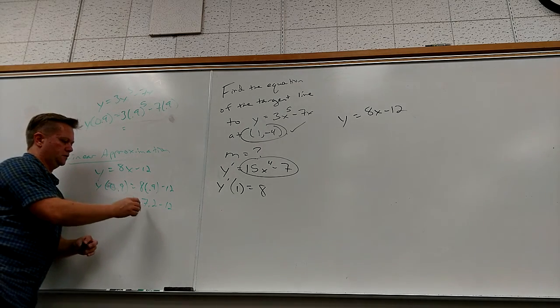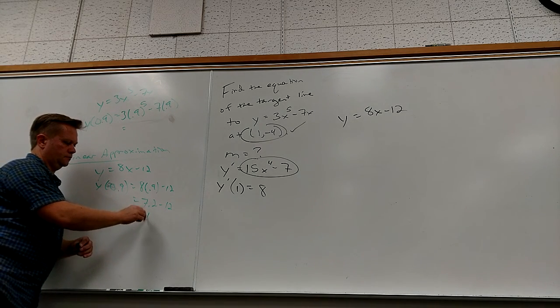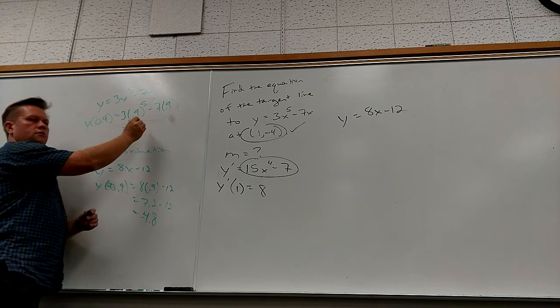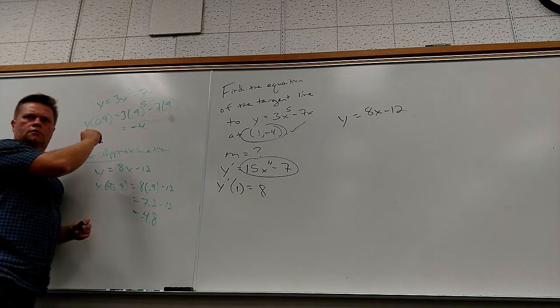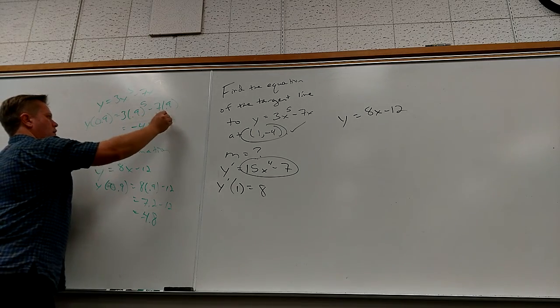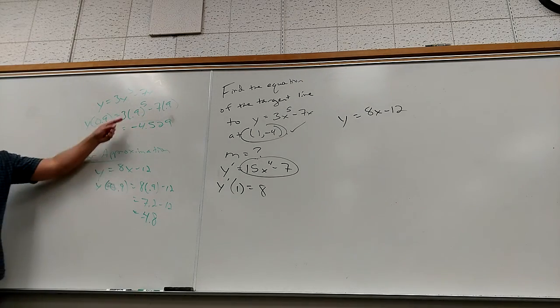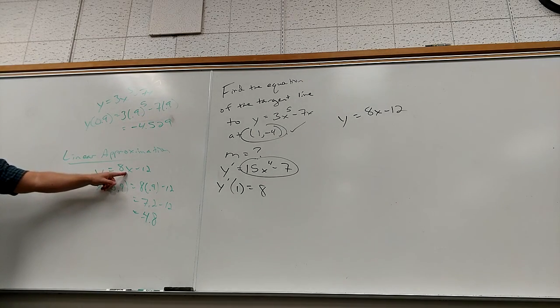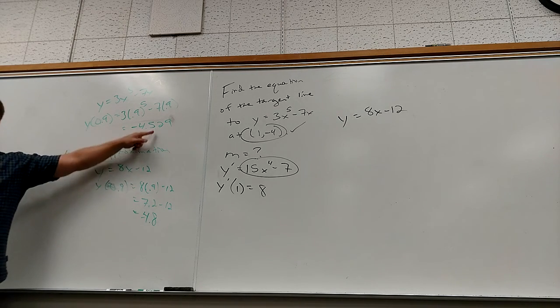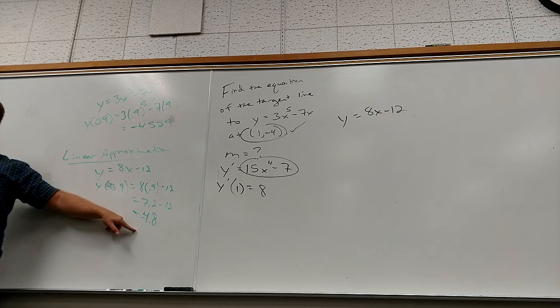Negative 4.529. Is that what you guys are getting? Yes. And look what I get when I put 0.9 into the tangent line. I get negative 4.8. It's a pretty good estimate.